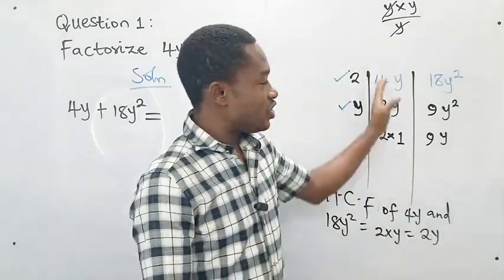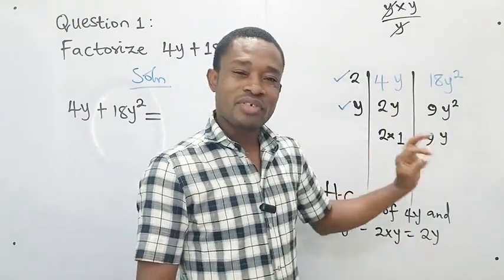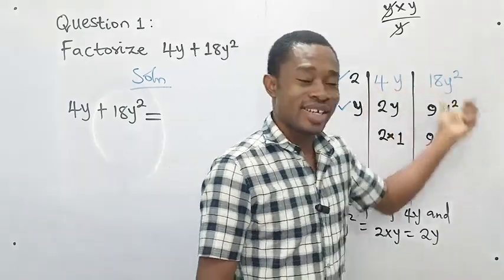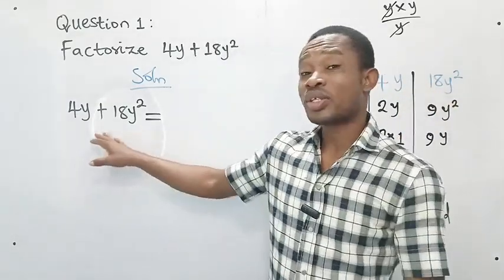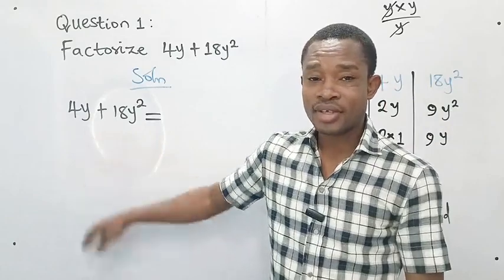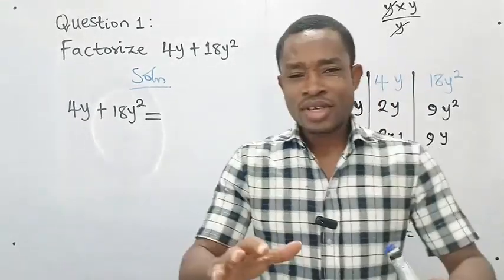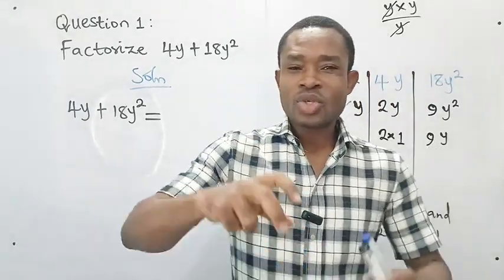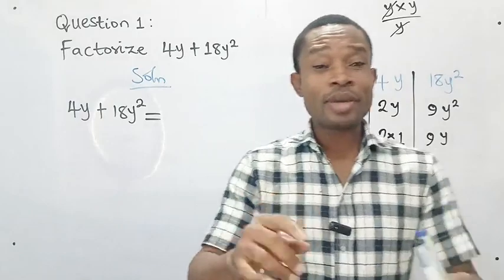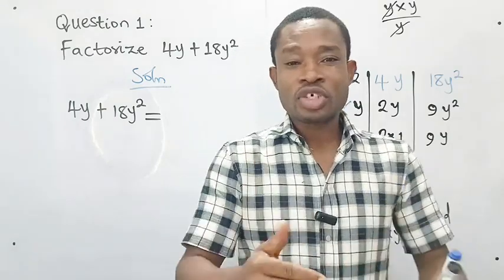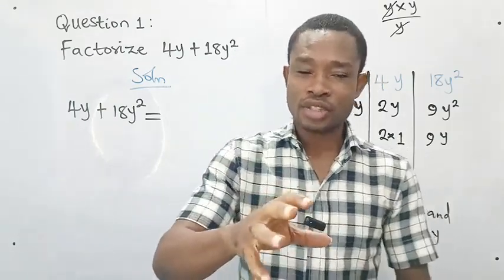Now, this thing I did here, using normal knowledge of highest common factor directly to get the highest common factor of 4y and 18y squared, which is what I was given here to factorize. The knowledge I used here is dependent on multiplication. You see, I am taking my time to solve this particular question, spending time on it. Just this question number 1 in our adventure on the power of multiplication.